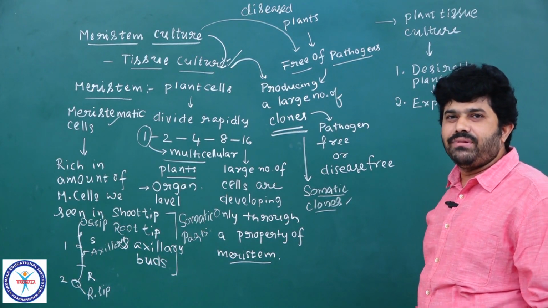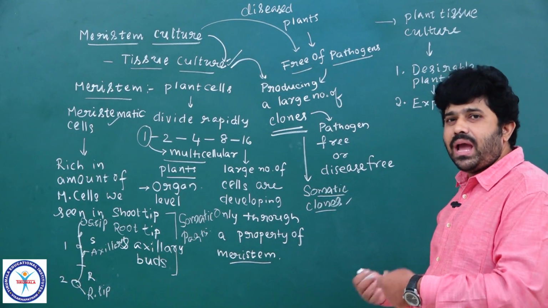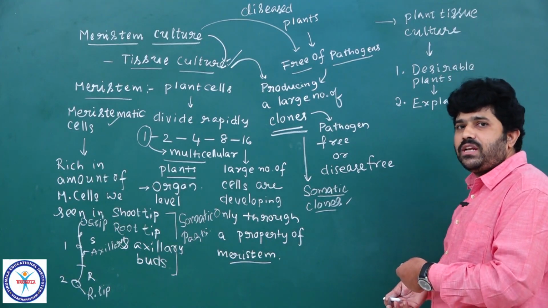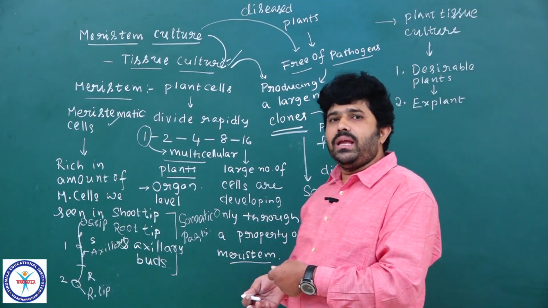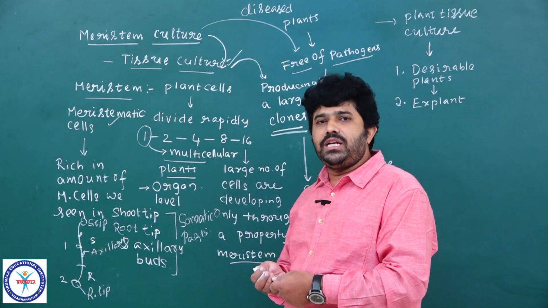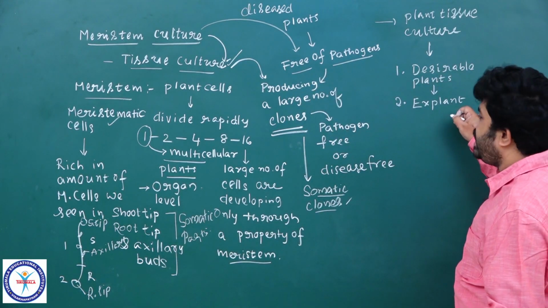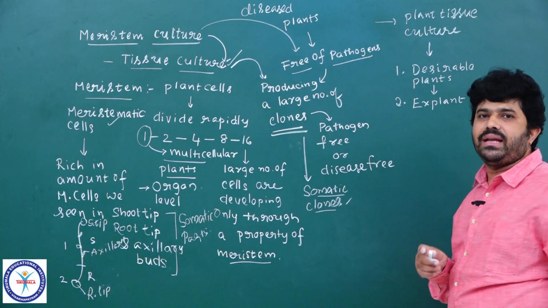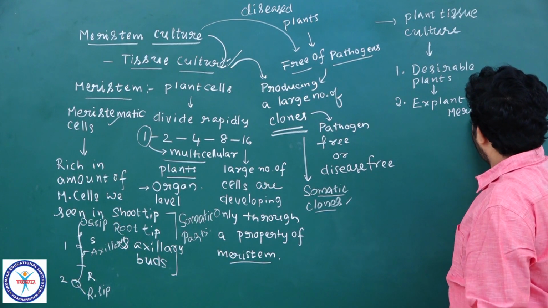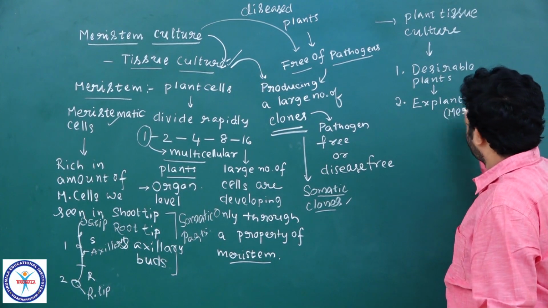If the cells do not have the ability to divide, we give some artificial facilities to change their behavior, and then the cells divide and multiply to give a whole plant. But here we specifically collect meristem as the explant. What is the explant we have chosen here? Meristem, meristematic cells, we have chosen as the explant.